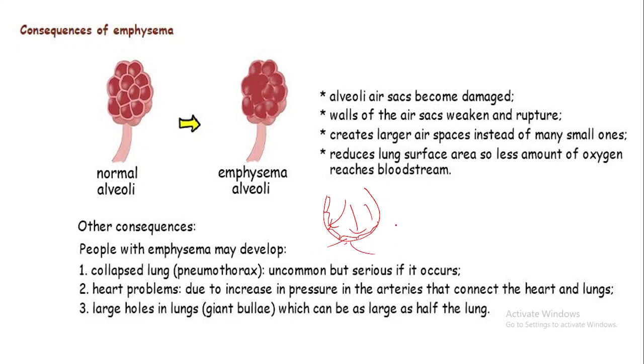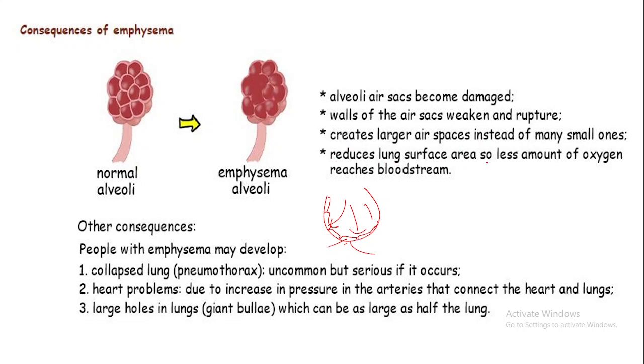So when a single alveolus, just imagine a balloon bursting, of what good use is it? Nothing, right? Same happens with the alveoli. Once damaged or ruptured, it no longer helps in the process of gaseous exchange. Next, this creates larger air spaces instead of small ones.